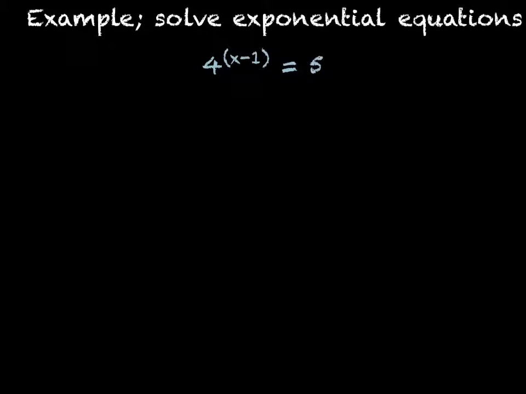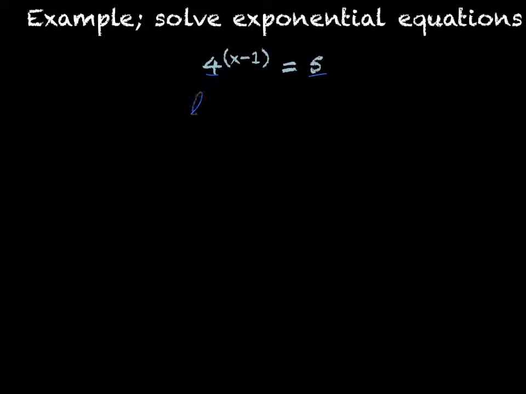In this next example, we want to solve the exponential equation, and we have 4 to the power of x minus 1 equals 5. This time, we cannot just make a common base because there's no way we can make 4 and 5 a common base. So this time, we are going to take the logarithm of both sides and use our properties.